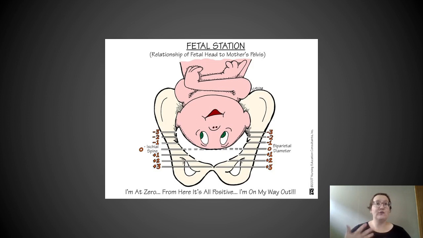But if we're going to augment that labor, if we're going to do an artificial rupture of membranes, we must wait until that head is engaged before we rupture those membranes. It's a safety issue. You absolutely do not want that cord caught in between.